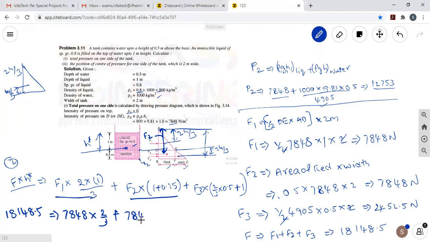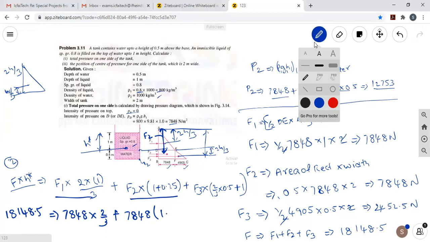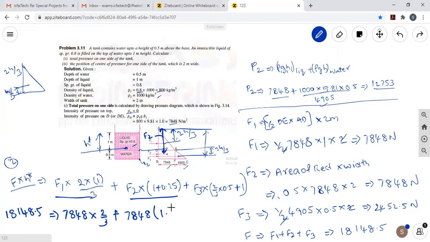F2 also 7848 into 1 plus 0.25, which comes out to be 1.25, just add it, plus F3, how much?